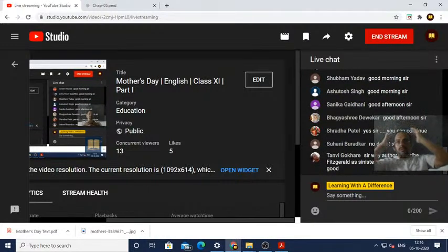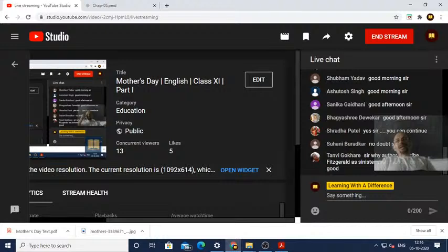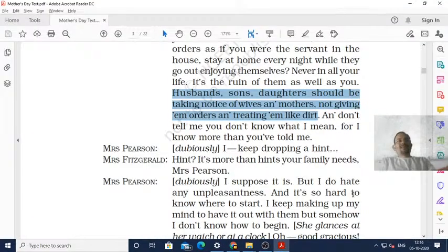Fitzgerald as sinister, even though she is good. Tanvi, actually here, sinister in the sense that she looks very strict and very cruel, and she has some dominating feature. That is why it might be a kind of sinister. Sinister refers to a person who is criticizing in nature, a person who is cruel in nature.